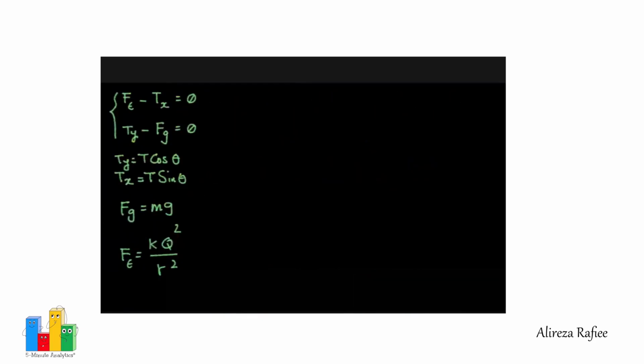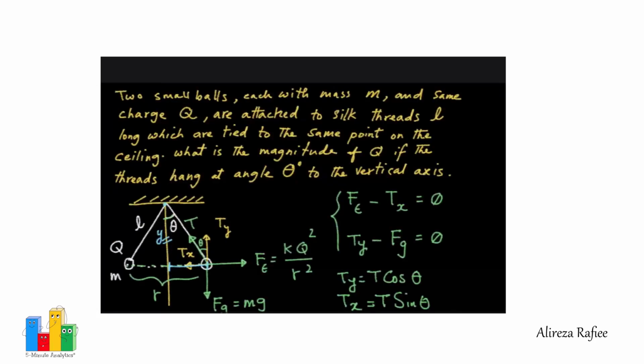Okay, now as you can see, based on this diagram, sine of theta in this triangle would be half of the r divided by L, which is the hypotenuse of this triangle. And I'm going to use this relationship also to understand the relationship between r and sine of theta.